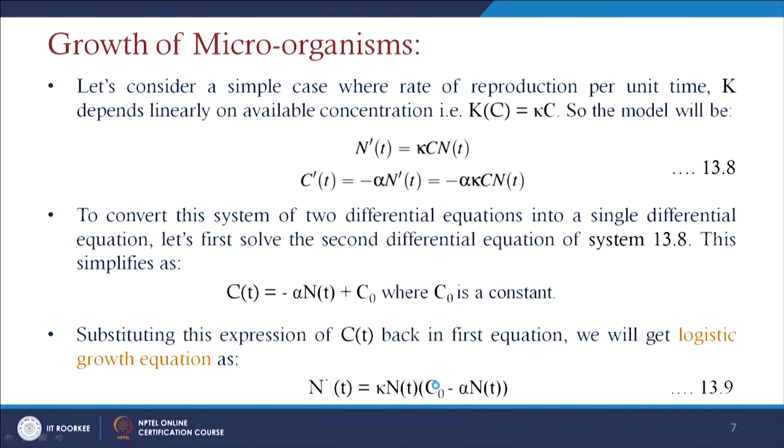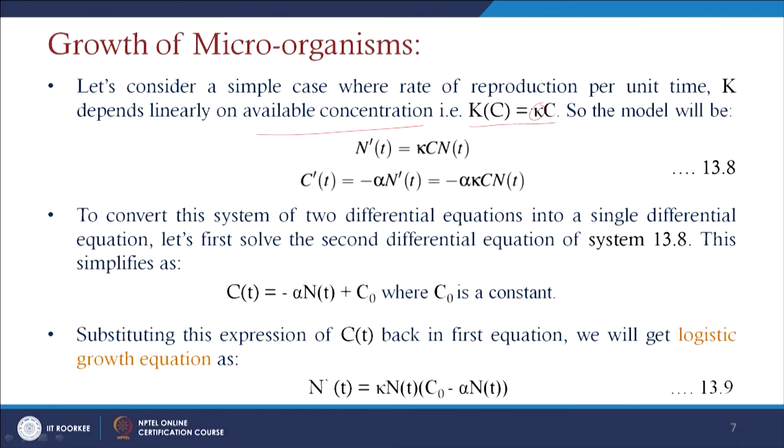If we consider a simple case where the rate of reproduction per unit time k depends linearly on available concentration, since there is no other restriction and they are directly eating the food and growing, then k of C is k times C, where k is a constant.